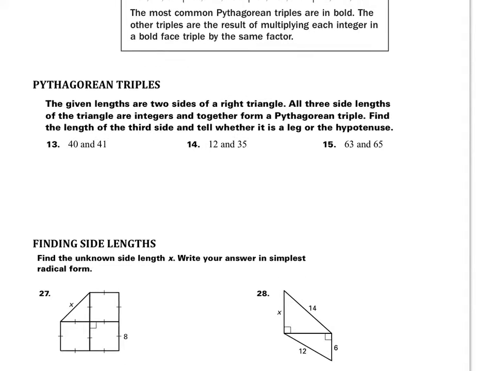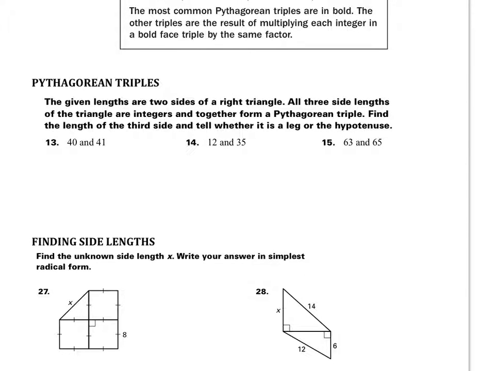So we can use this to find a third side of a triangle in a Pythagorean triple. First thing is that you can have two scenarios. You can have where your x is the hypotenuse.